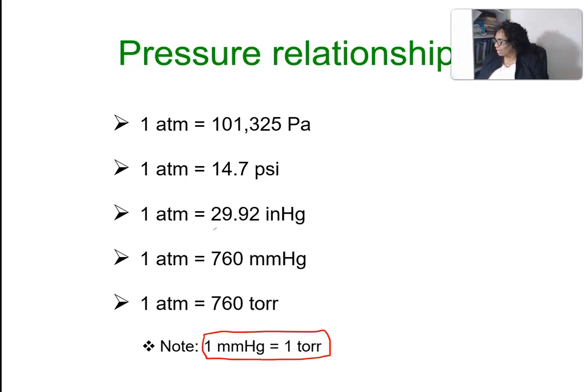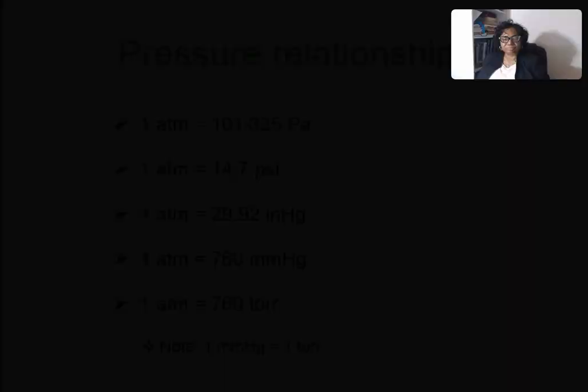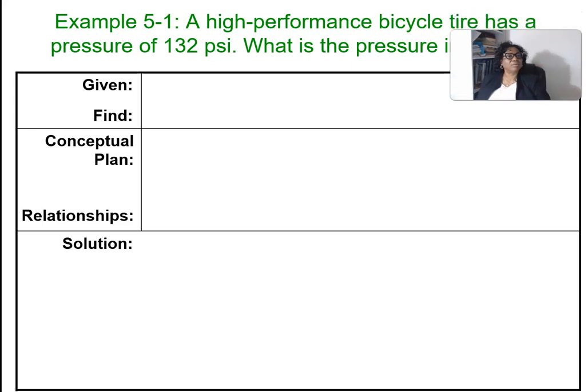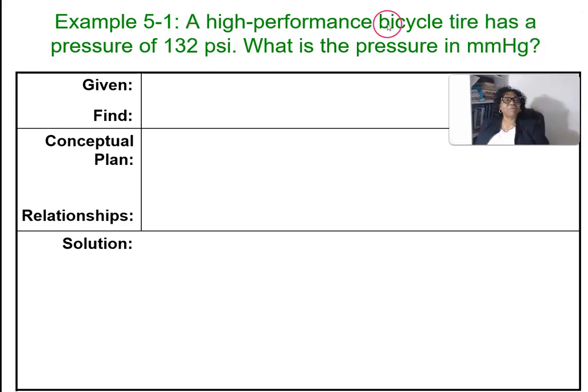Let's try and solve some problems. A high-performance bicycle tire has a pressure of 182 pounds per square inch.